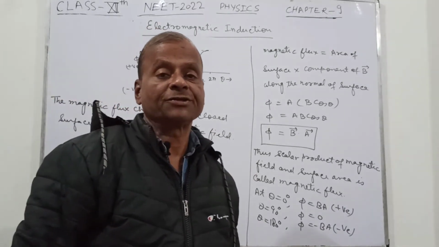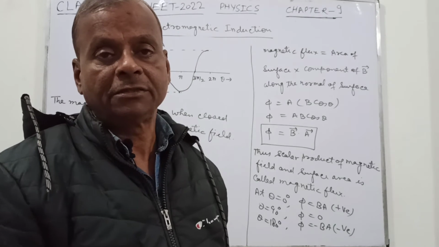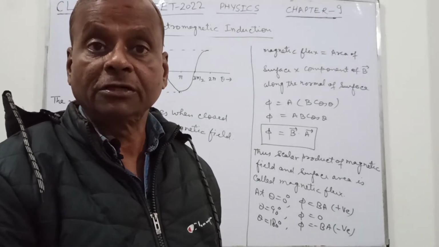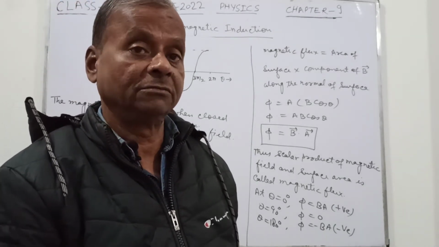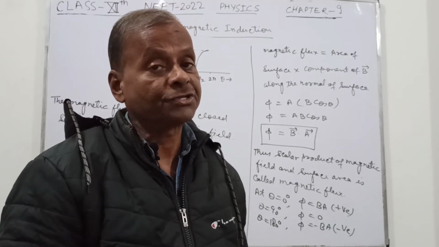So the value of flux may be positive, negative or 0. This is just like the work done. We can compare it with the work done, W equal to F x cos theta.